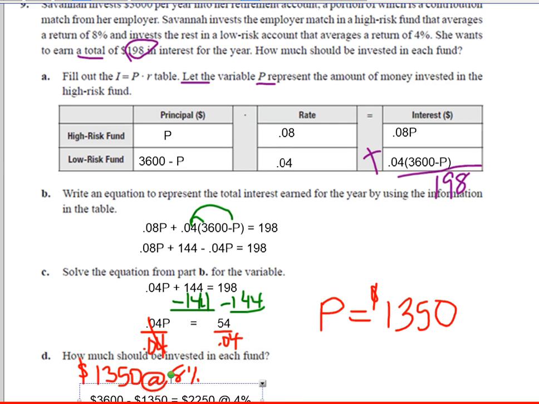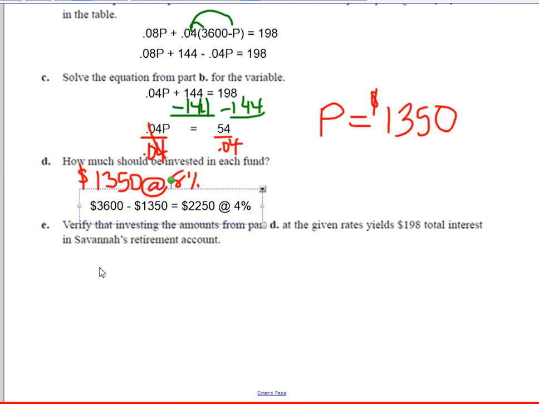And so it would have been times 1, which we can just ignore for this purpose, because anything times 1 stays the same. And so we had 0.08 for 1,350 of the amount, plus 0.04 for the balance of 2,250, and that is supposed to equal $198.